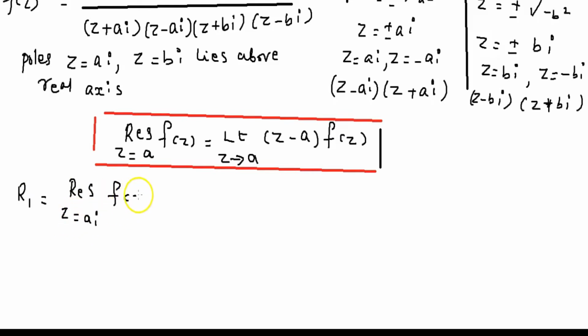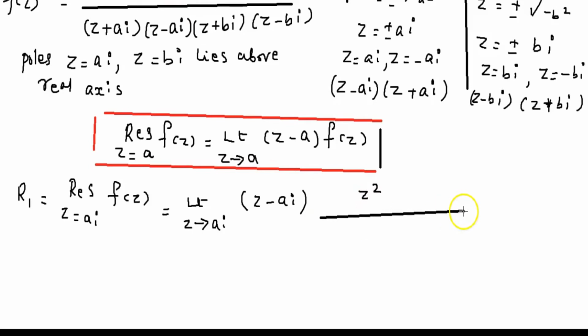Then limit z tends to ai, z minus ai, f of z is z square by z plus ai into z minus ai into z plus bi into z minus bi.